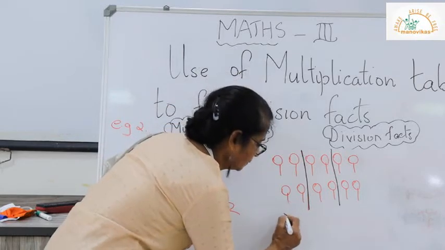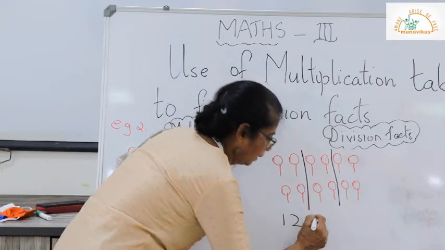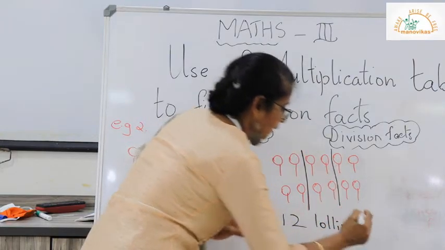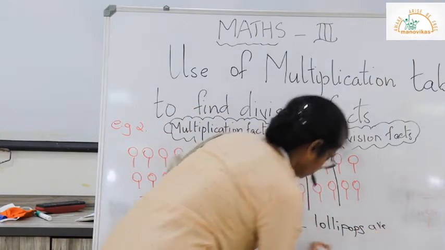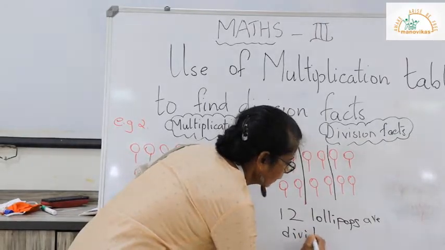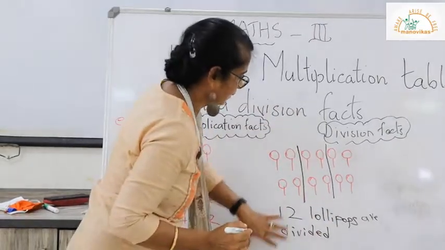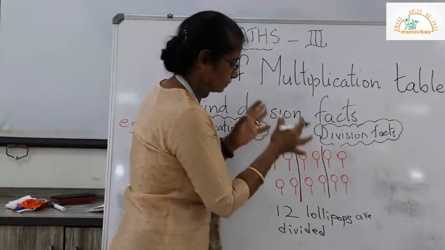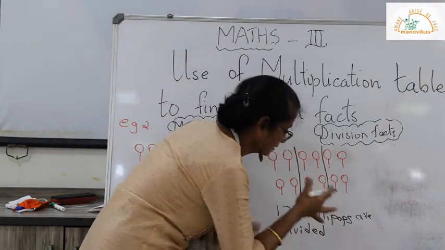So what exactly we are doing is, 12 lollipops are divided into how many groups? 1, 2, 3. When we say 3 groups, that means it is the divisor.